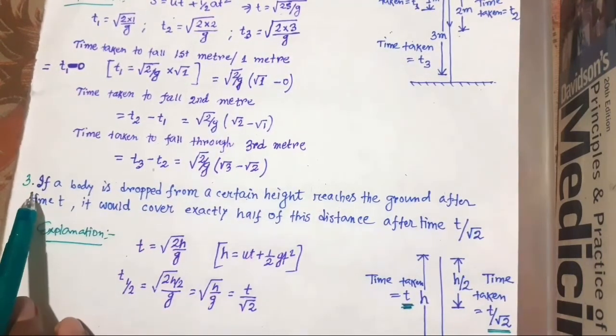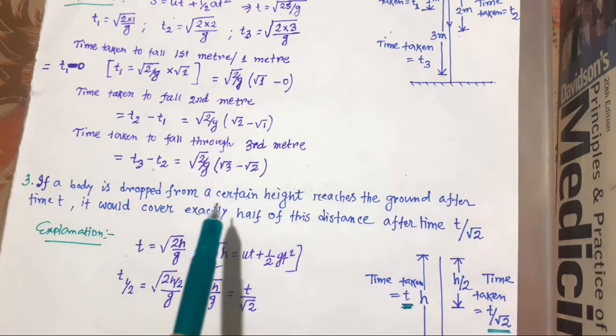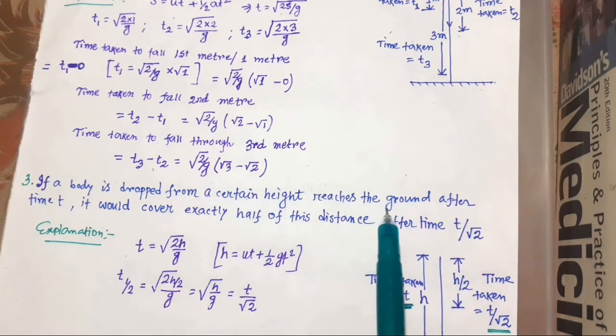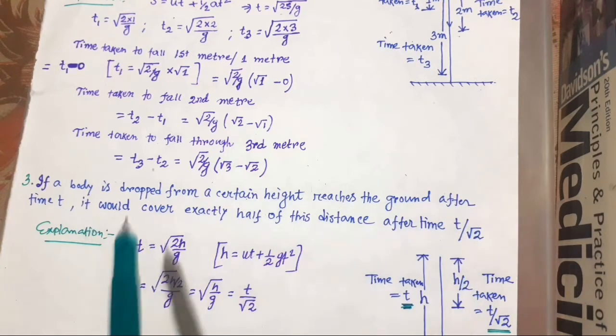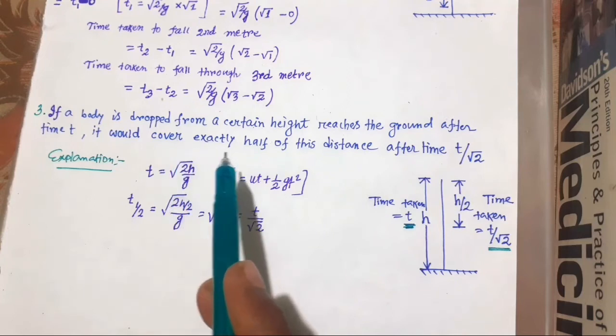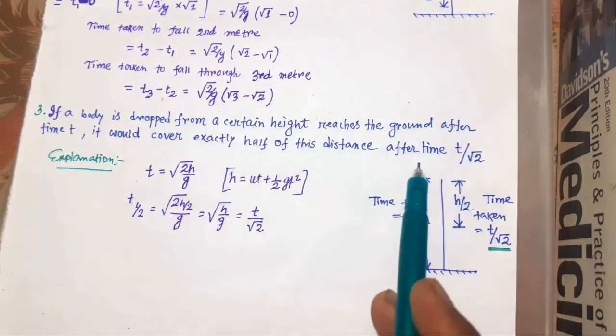So now number 3. If a body is dropped from a certain height, suppose the height is h, and reaches the ground after time t, it would cover exactly half of this distance after time t by root 2.